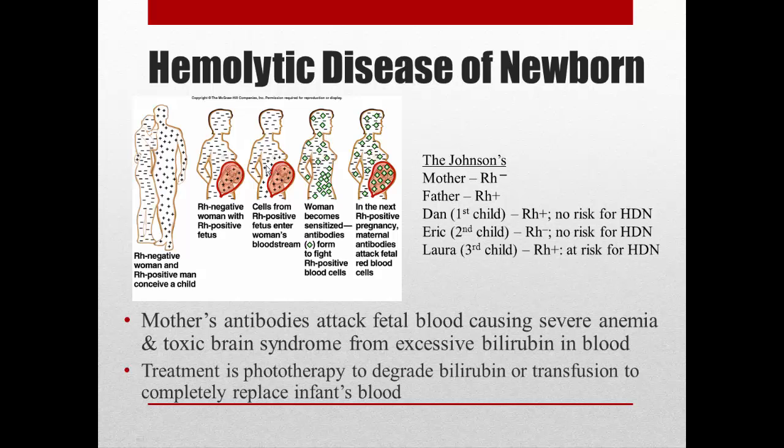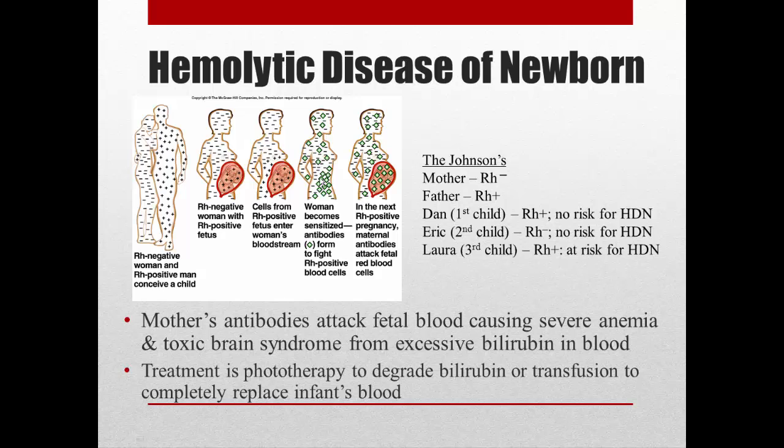Before my mom had a chance to build up antibodies, if she's given a shot of RhoGAM, the RhoGAM will bind up those Rh antigens and get rid of them before mom has a chance to even make antibodies. In other words, there's a slight delay when she makes antibodies. So if we give her RhoGAM before she has a chance to make the antibodies, she'll never make the antibodies. So that way, every kid is like a first kid.